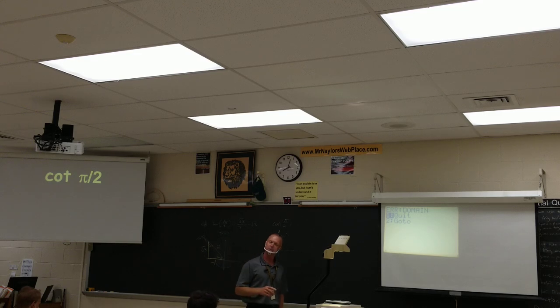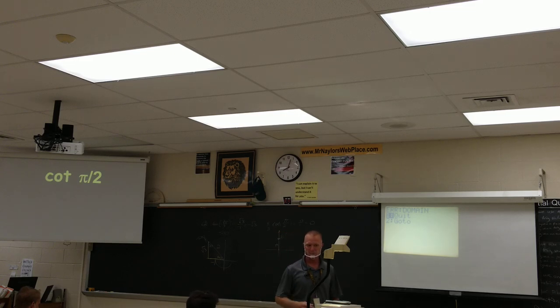It's known. So what's cotangent? It's x over y. Wait a minute. X over y? 0 over 1? Well, last time I checked, 0 over 1 is 0. The calculator is spitting out no answer, undefined, error.